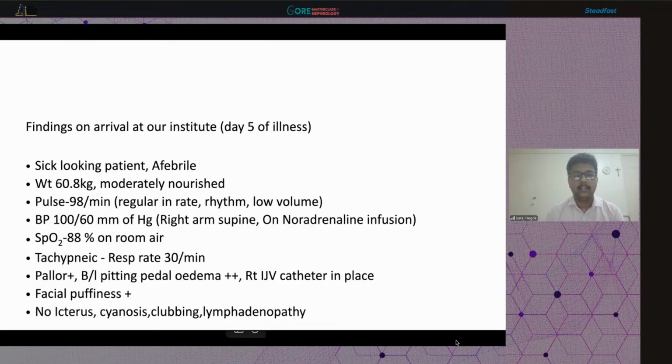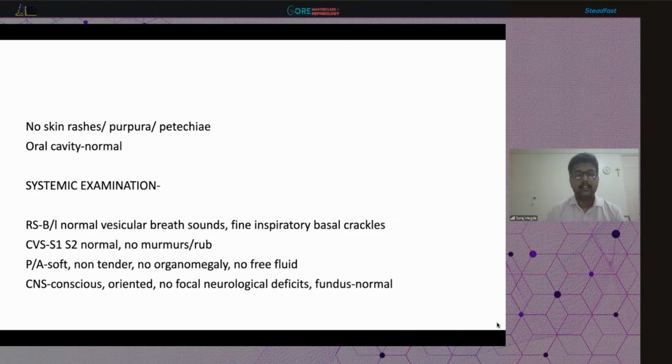She was tachypneic with respiratory rate of 30 per minute. On head-to-toe examination, she had pallor, bilateral pitting pedal edema, and a right IJV catheter was in place. Facial puffiness was present. There was no icterus, cyanosis, clubbing, or lymphadenopathy. There were no skin rashes like purpura or petechiae, and the oral cavity was normal.